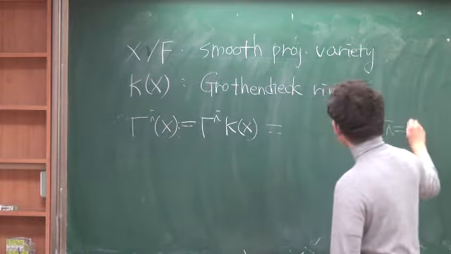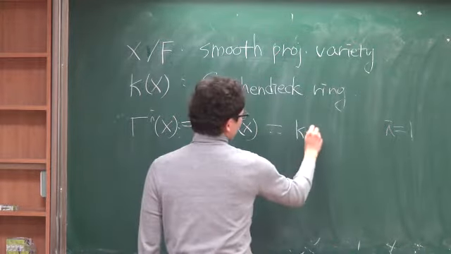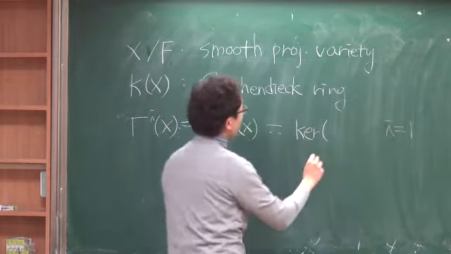If the degree is 1, then it's just the kernel of the rank homomorphism.